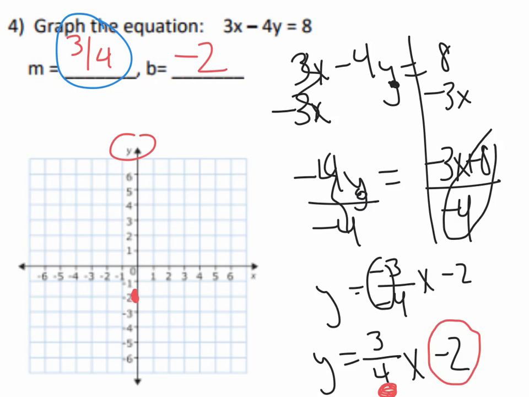So from the y-intercept, you go up 3, since it's a positive, and go right 4 for your denominator, which gives us a point right there. So every time you would go up 3 and right 4, just going to put this off the graph there a little bit, that gives you another point on your line. So we'll just connect. There's your line.